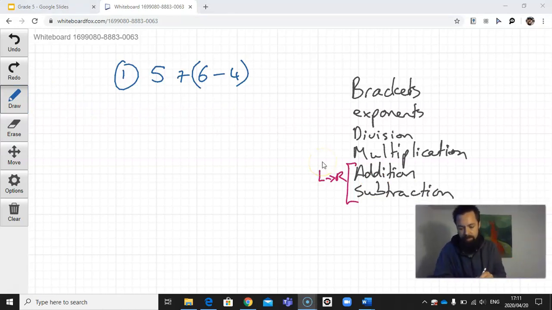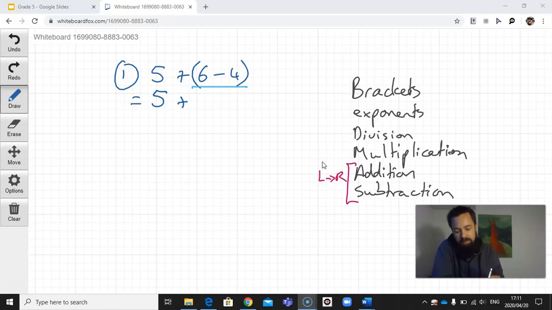Back to our problem. If you've finished with it, great. If not, let's follow. I'm going to start off by looking at brackets because that's the first thing we have. We do have brackets. So we leave the 5 and the plus unchanged. We're literally just writing it again. Then we work out what's in the bracket.